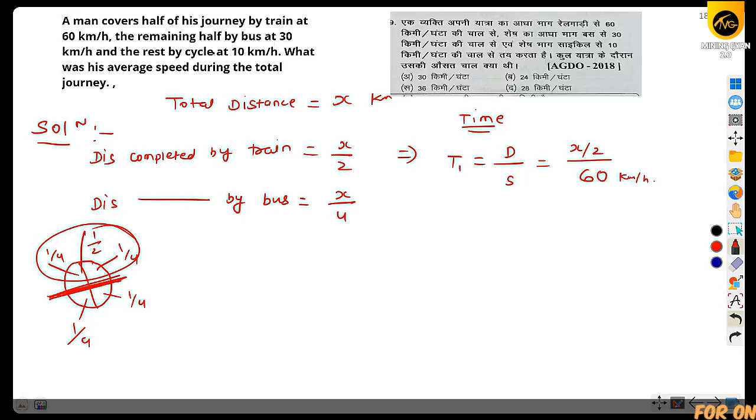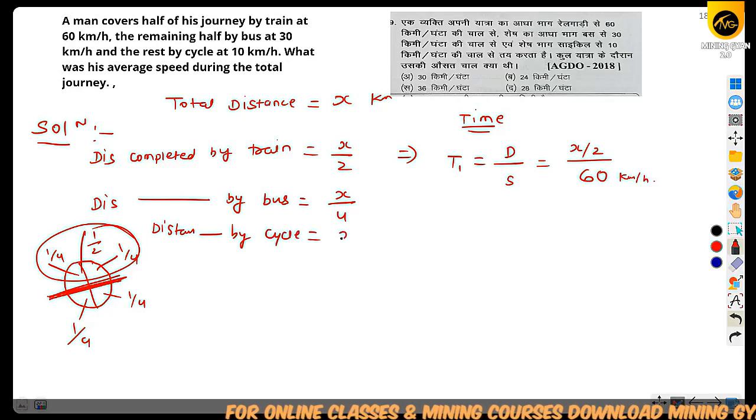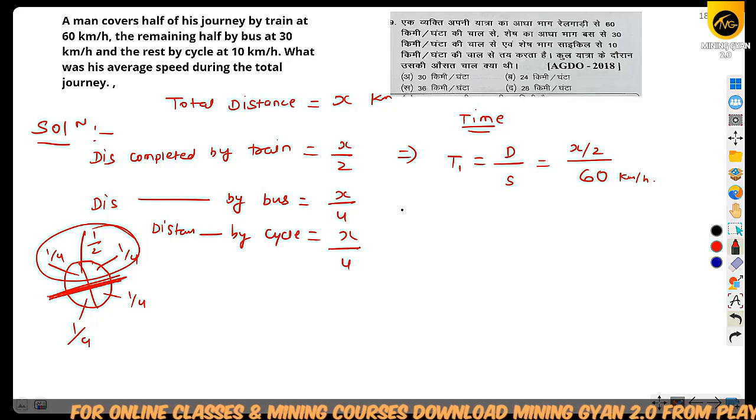Now the rest by cycle at 10 km per hour. Rest means the distance completed by cycle, the remaining portion, which will again be 1 divided by 4, so x divided by 4.